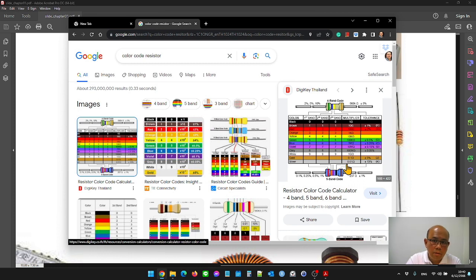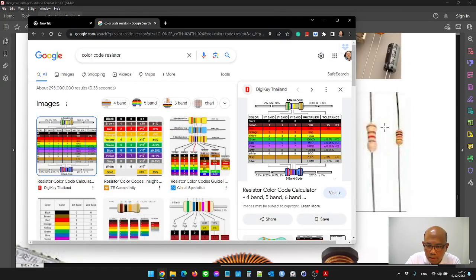Here is the code for displaying the resistance of resistors. Here there are 3 bands: 1, 2, 3. The first bands display the resistance, and the last band displays the error rate or tolerance.